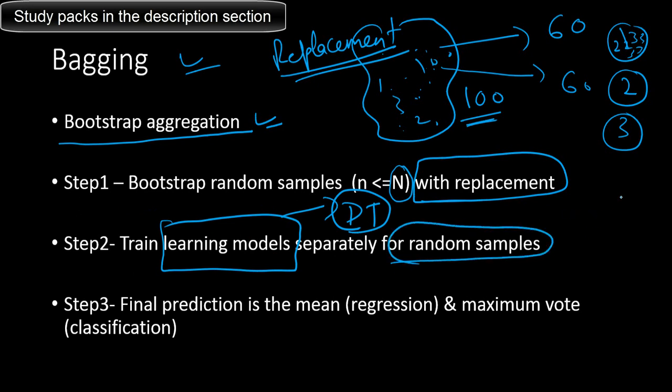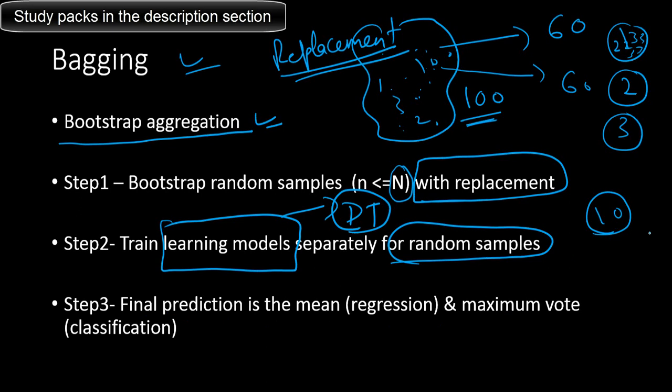If you came up with 10 different bootstrap samples, you will build 10 different decision tree models separately, one for each of these data sets. In step 3, the final step, you do the final prediction for this particular data set.